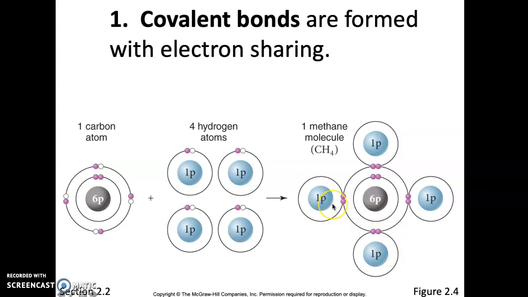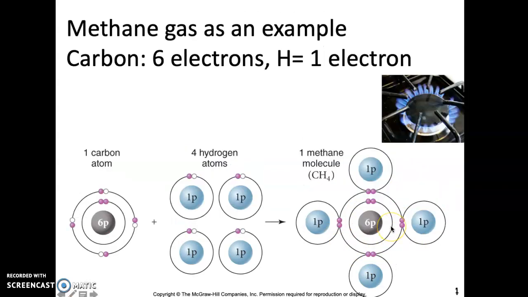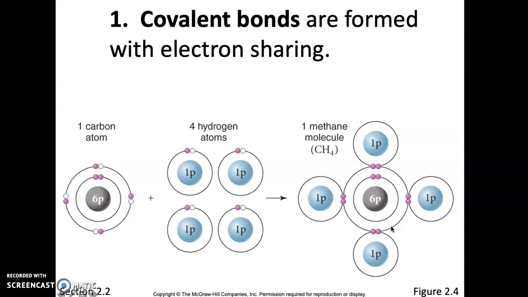And if we add these up, we have 1, 2, 3, 4, 5, 6, 7, 8 in the outer orbital of this molecule of carbon. And so from this atom of carbon, we have made a molecule, and that molecule is called methane.